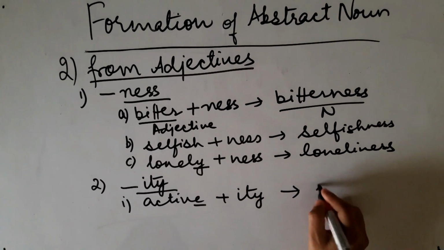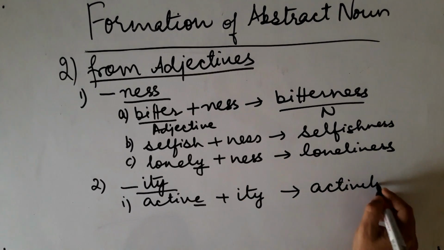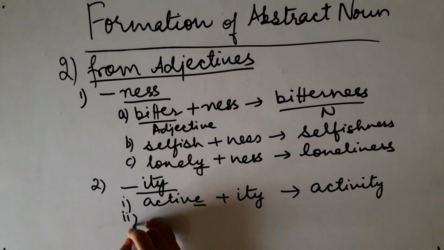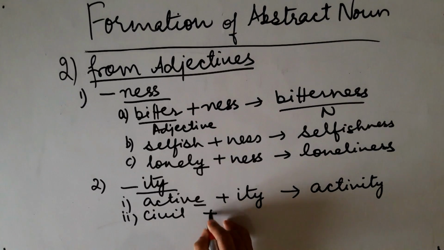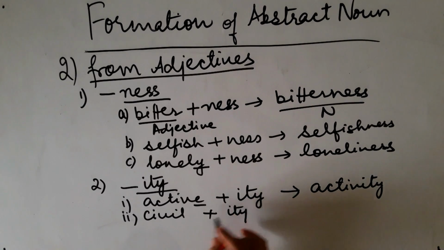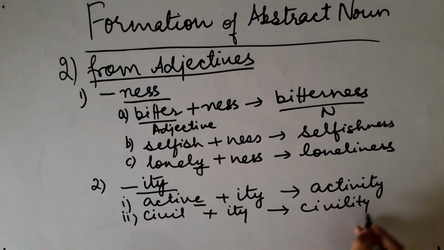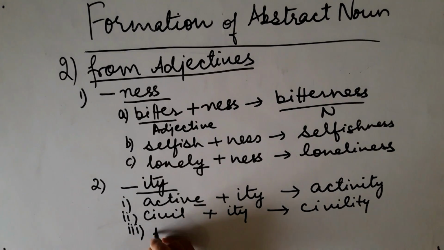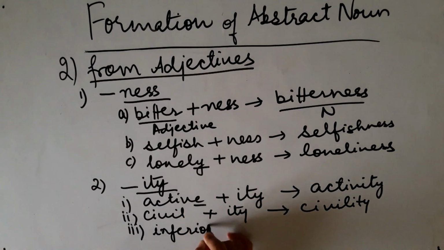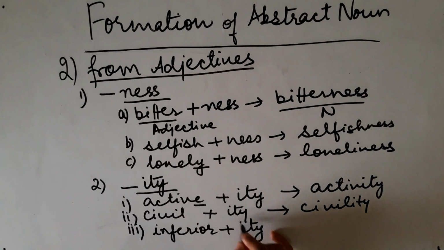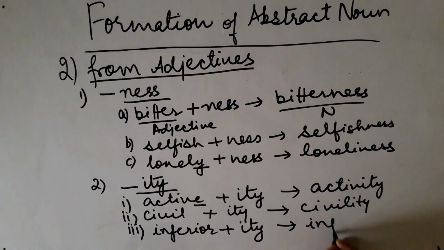So it becomes activity, which is an abstract noun. I have a word like civil. Here I will use, again with no replacement, ITY. It becomes civility. I have words like inferior. I will add ITY and it changes into inferiority. So this way I am able to change all these adjectives into nouns.